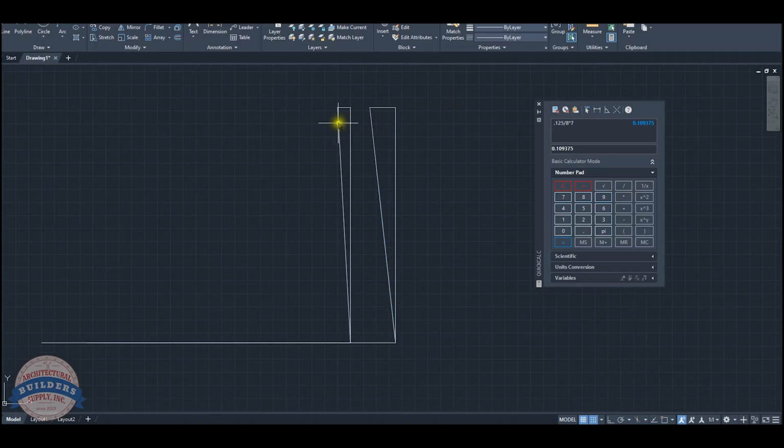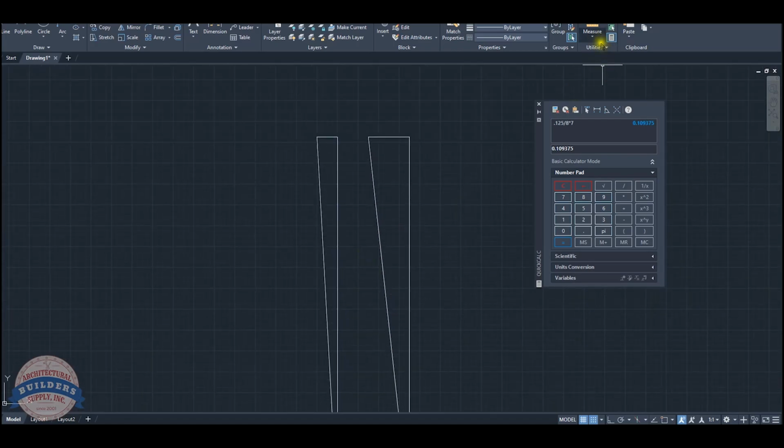So we have the 1889 definition and the 1910 definition. Let's measure the 1910 definition. Measure the angle between this line and this line. That's a 3 degree angle.